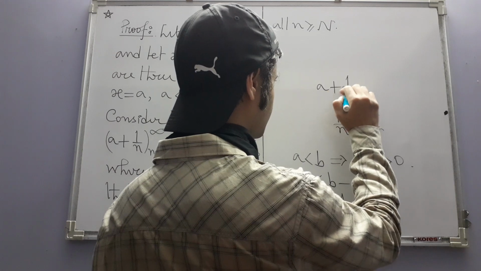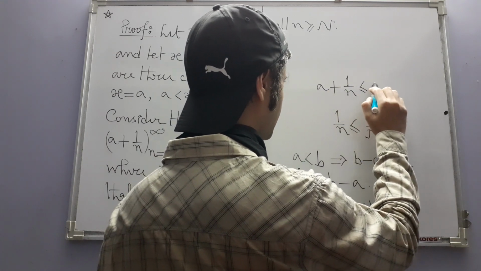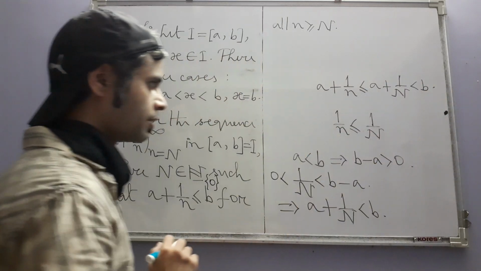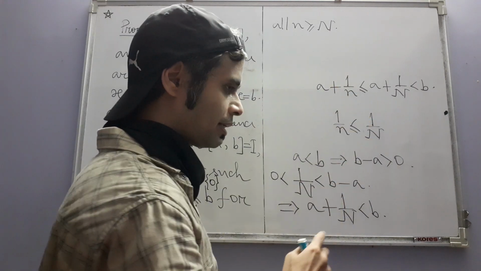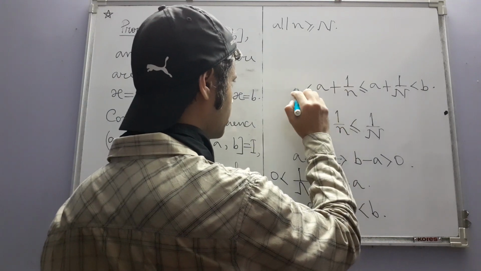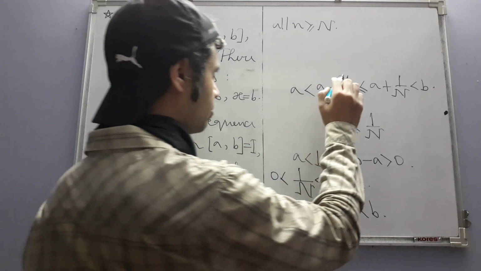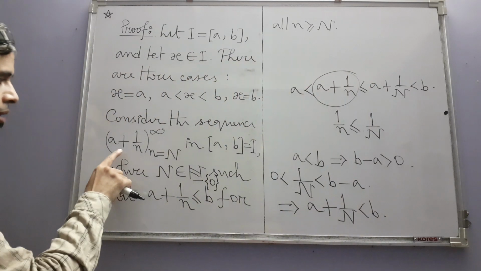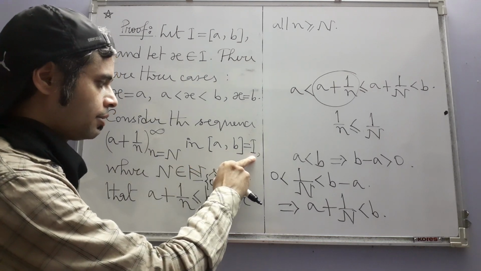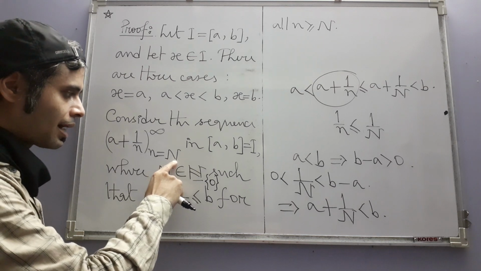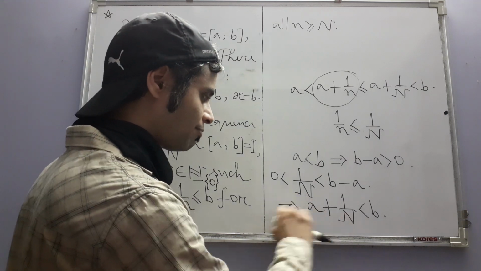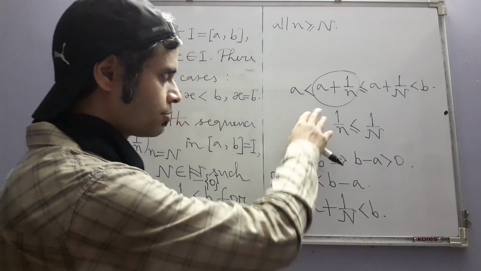In other words, for such n, A plus 1 over n will be less than or equal to A plus 1 over capital N, which will be less than B. But at the same time, because 1 over n, no matter how small, is a positive real number, this is greater than A. So you see that all of these real numbers, which are the terms of our sequence, lie between A and B, and that's why they belong to I. But of course, you have to choose this starting index carefully so that this actually happens. And once it happens, after that point onwards, it continues to happen.